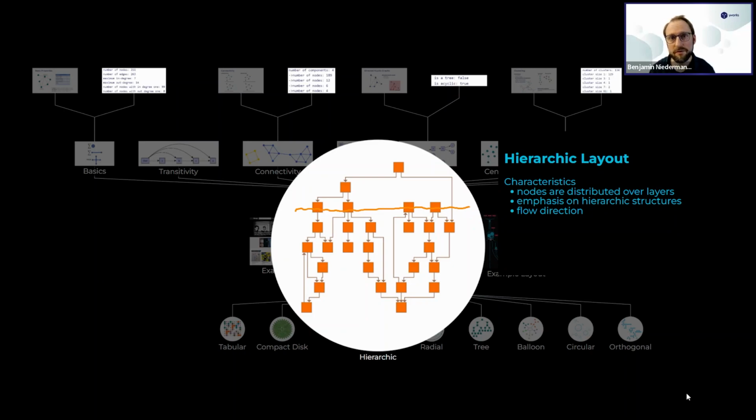I really want to enforce them to lie on this common line. Or I could say, okay, I would like to have this node lying below this node here. So that I also introduce constraints expressing this relative information where some node lies, whether it lies below or above another node.